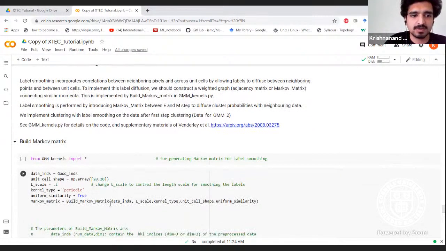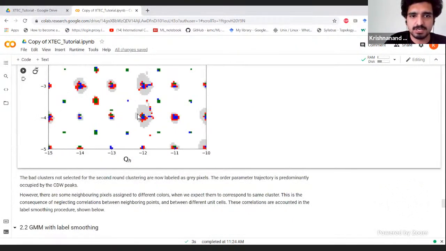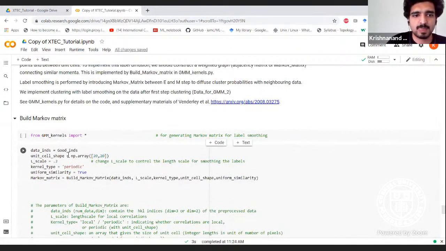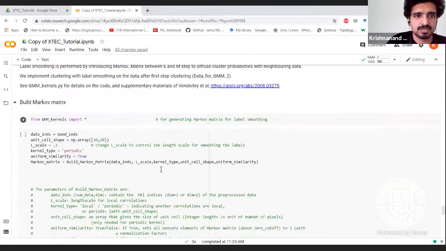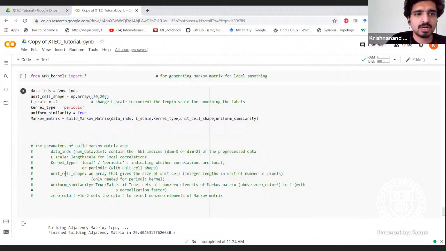The label smoothing accounts for correlations not only in neighboring pixels locally, but also between pixels that are related by a reciprocal lattice. So the kernel type is periodic, and you can see more details about how this smoothing is implemented in the paper or in the code.